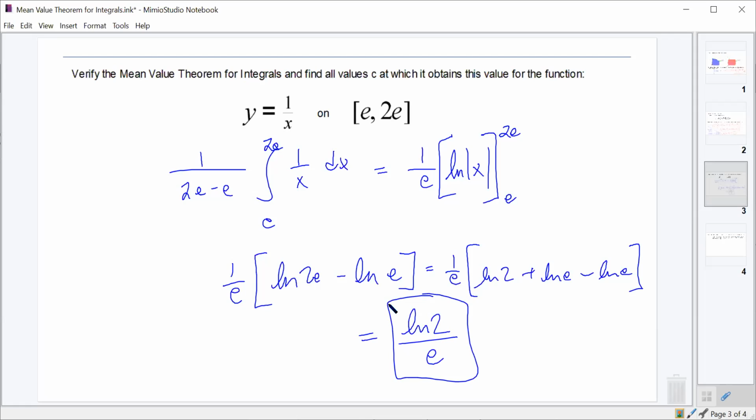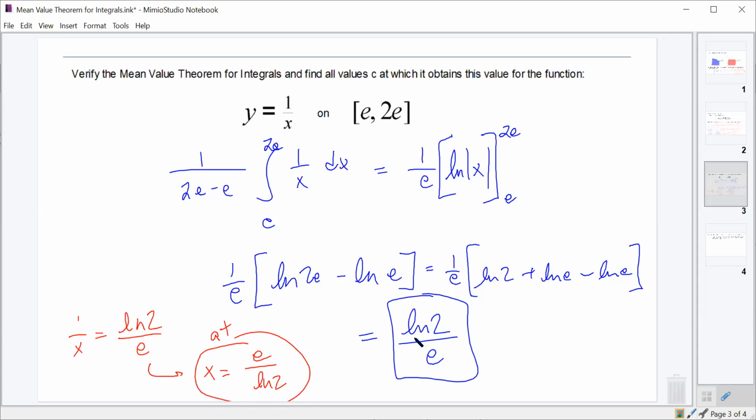Good or no? Good. Great. All right. And it does ask to find all values at which it obtains this. So when does it hit this value? We need to set our function 1 over x equal to natural log of 2 over e, which tells us that this occurs at x equals, I'll just take the reciprocal of both, e over ln 2.